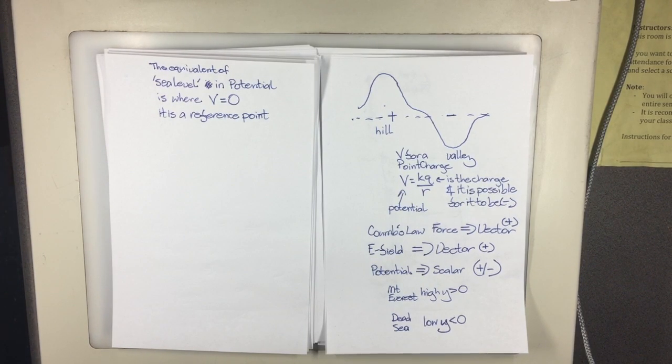We make sea level in geography the reference point because it's just the most sensible thing to do. You're either above the water or beneath the water. It's kind of a fundamental status of existence on this planet. But it doesn't have to be at sea level. We could set the reference point to be Oxford, Mississippi.